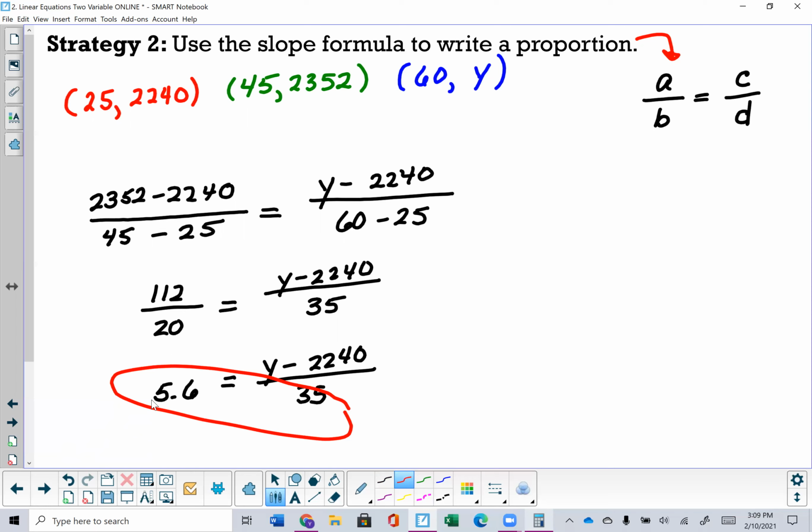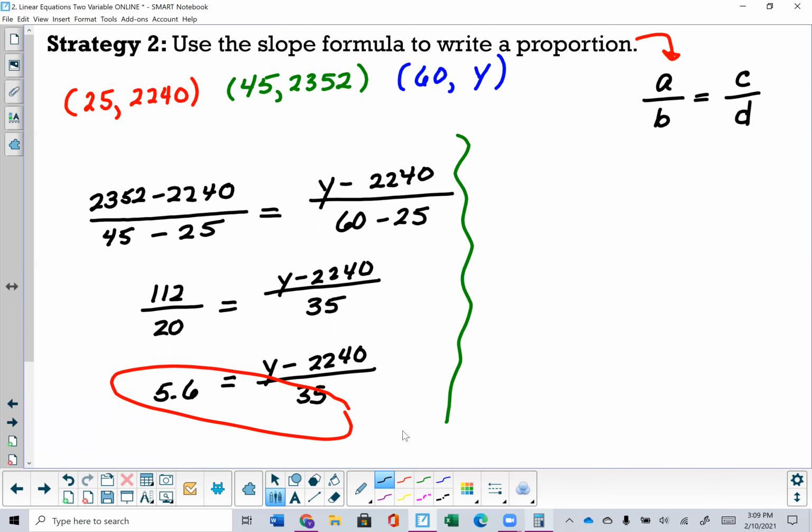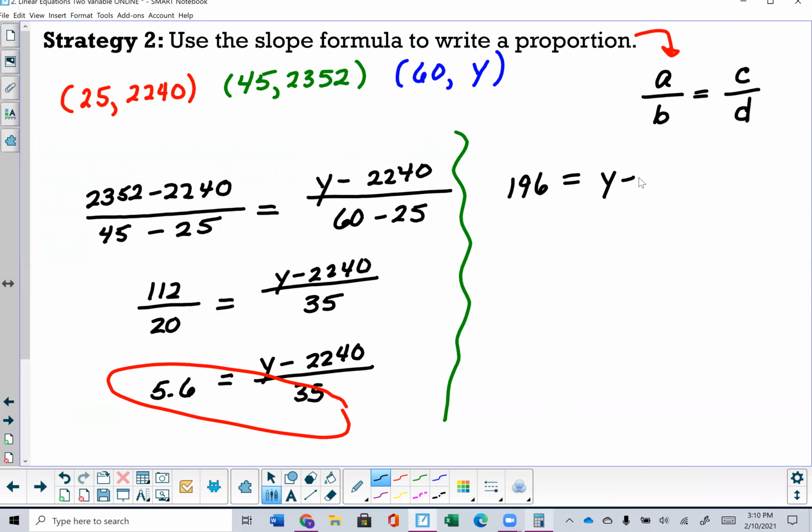So we'll multiply the 5.6 times 35, and that gives us 196 equals, and on the left side, you still have the y minus 2240.